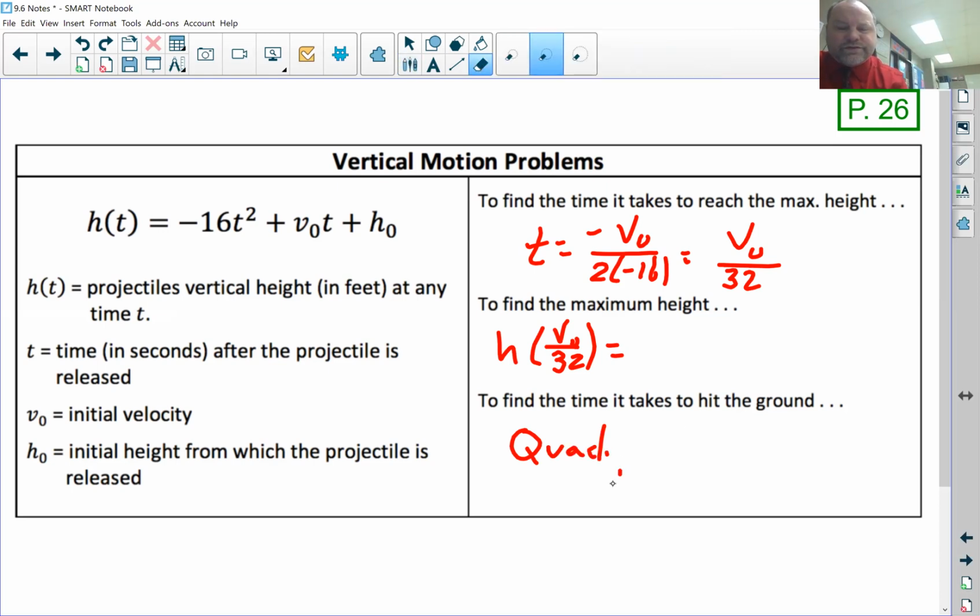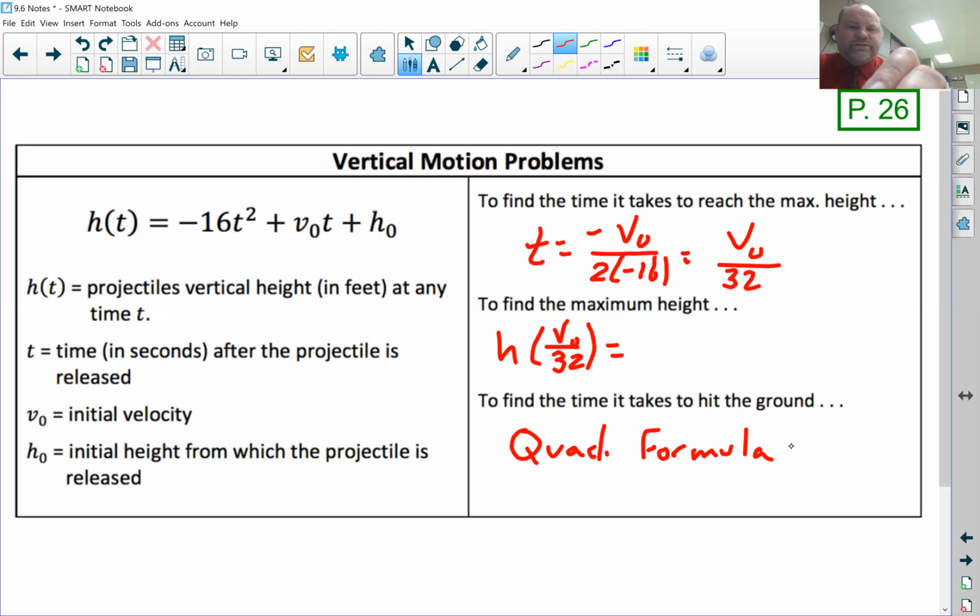So that's how we're going to determine how long it takes to hit the ground. Now, very important when you're doing this, if you get two answers and one of them is negative, we are going to ignore the negative answer. We only measure time with a positive number.